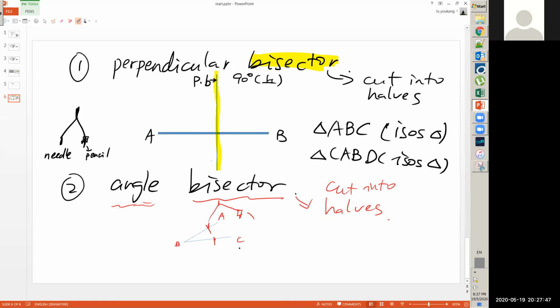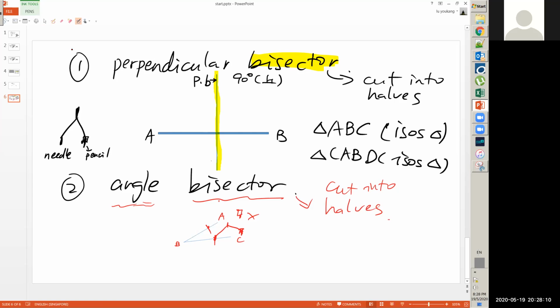Okay, and then now move your needle to this point. Okay, so I'm going to erase this. Move your needle to this point, and then with your pencil, you draw another arc from here. You should get here.